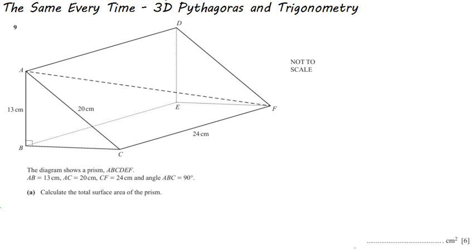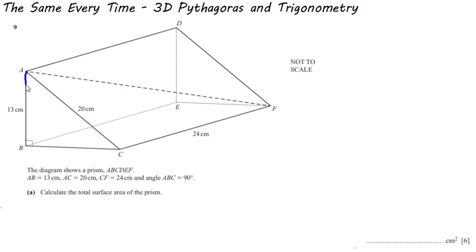If we're calculating the total surface area of a prism, we need to calculate the area of each face and add them all together. In a prism, all of the faces are rectangles, apart from the front and the back, which could be any kind of flat shape. In this case, they're triangles.